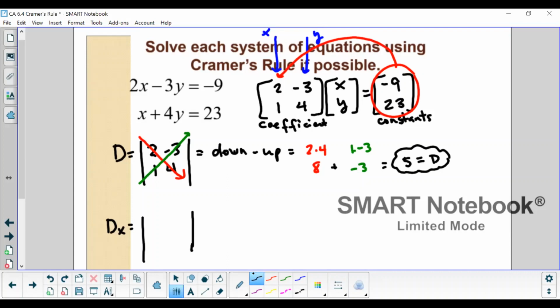The first column, or x column, becomes -9, 23. The second column stays the same. The y column doesn't change. And now we just do our determinant math, the down minus the up. Down is -9 times 4.